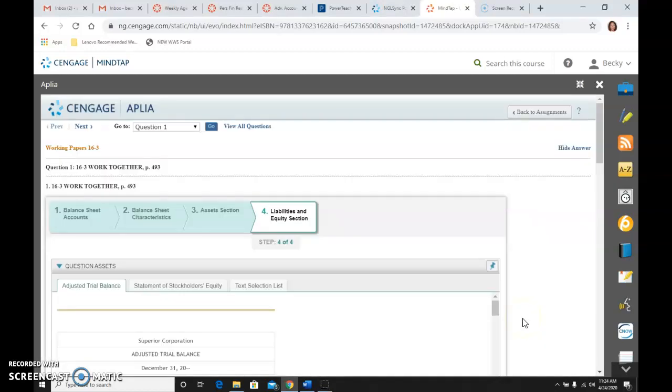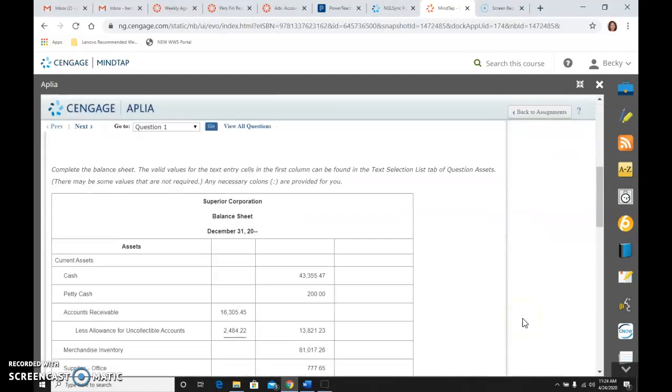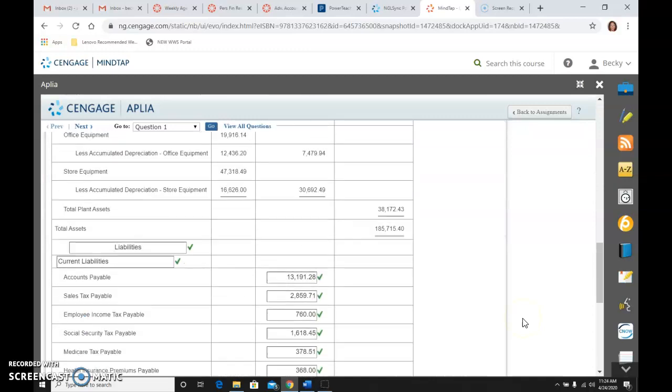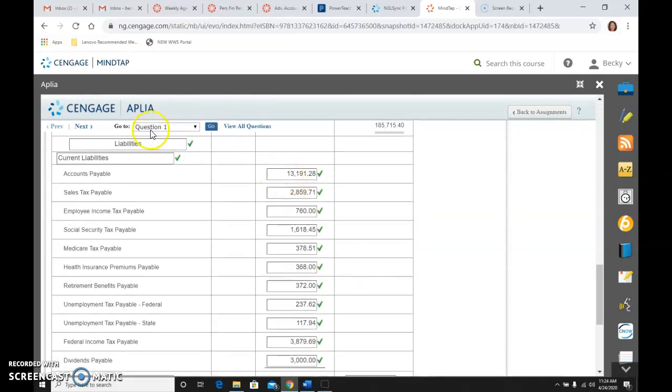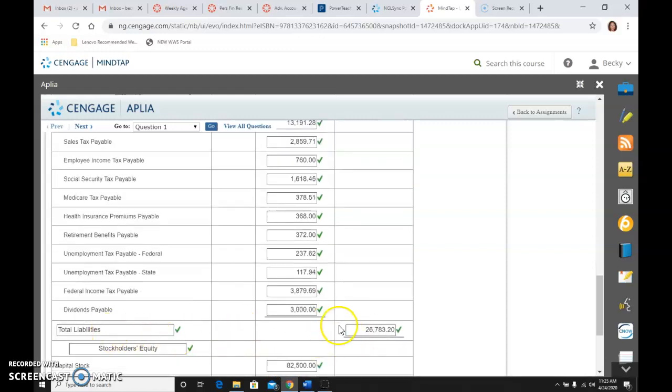And then when I get to my liabilities and equity section, current liabilities, I list them all from the adjusted trial balance. Go ahead and pause if you need. I get total liabilities then, and I don't say total current because I don't have long term. If I had a section of long term with mortgage payable, I would put total current liabilities here and then start the long term.